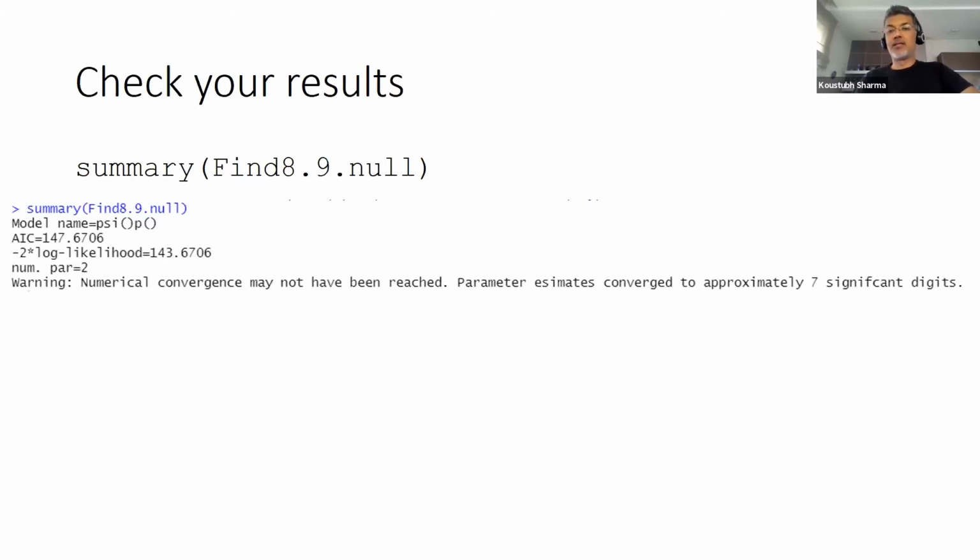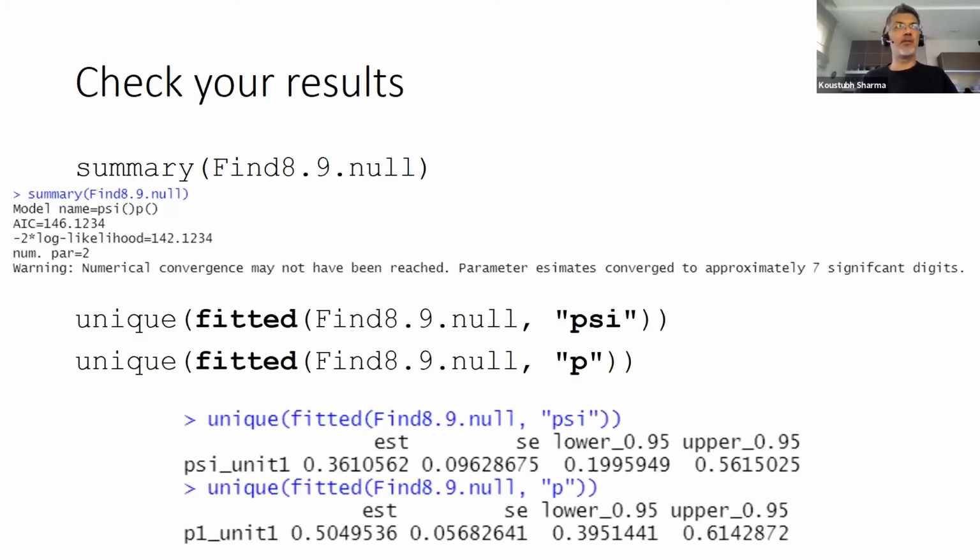The other thing you will now do is, the model has run. These are AIC values. What does the estimate mean? So when we want to know what is the psi, or what is the probability of sites being occupied, we use the function fitted.